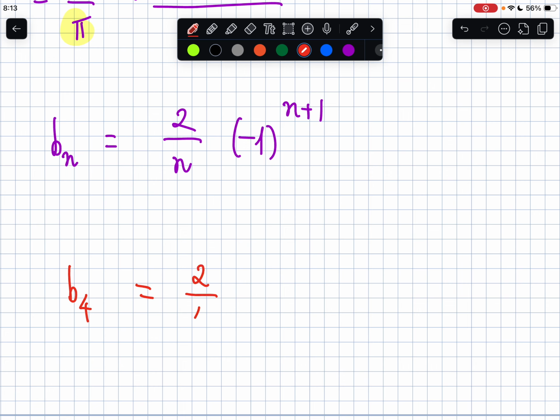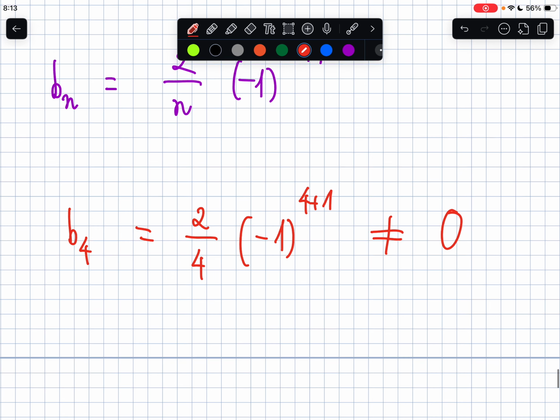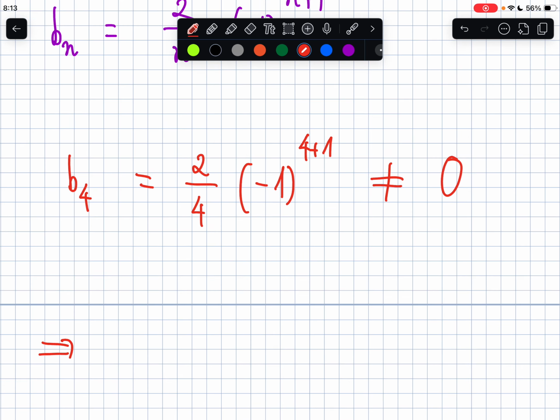B_4 is 2 over 4 times minus 1 to the power 4 plus 1. This is non-zero. And with that, you know that omega_4 in the forcing matches the natural frequency of the system, and thus gives the conclusion that pure resonance occurs.